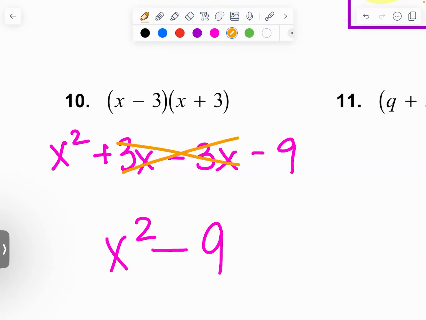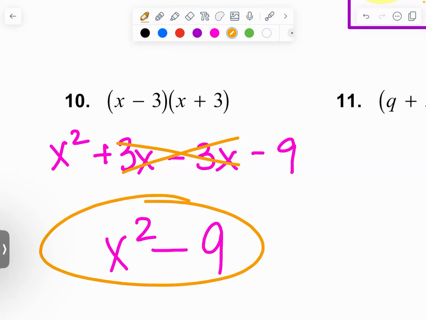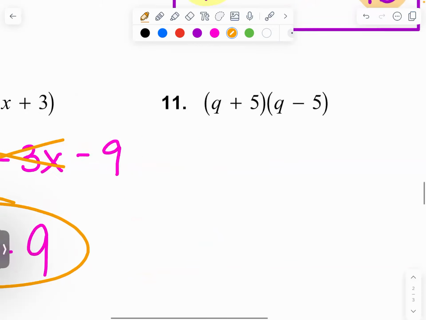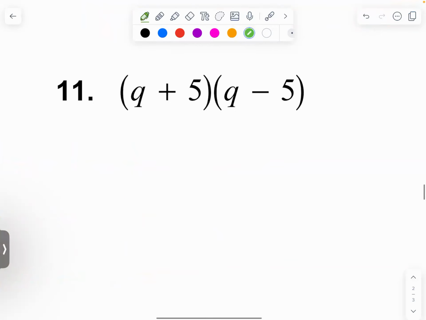That 3x minus 3x is going to cancel, and we're left with x squared minus 9. So it's not cheating. We can use a shortcut.